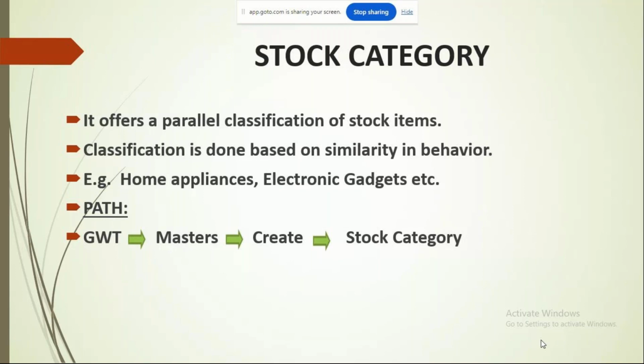Suppose you go to Big Bazaar or More, it will be groceries, dairy products, then cooking oils. Like that, you have segments, correct?